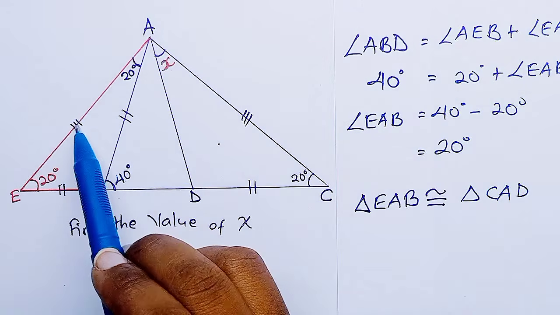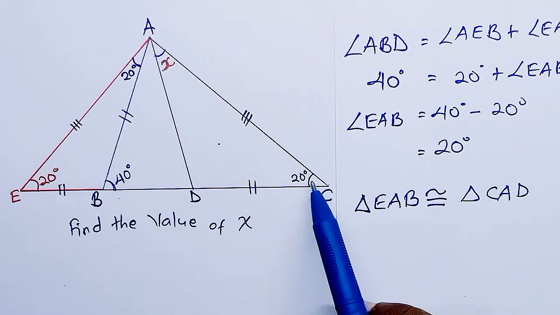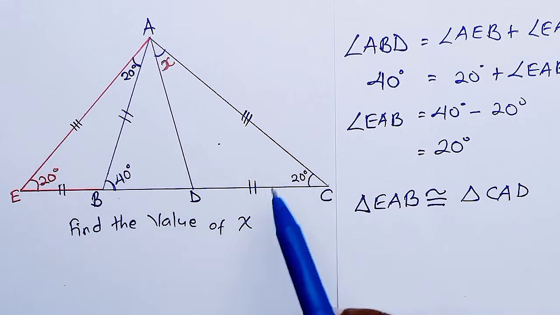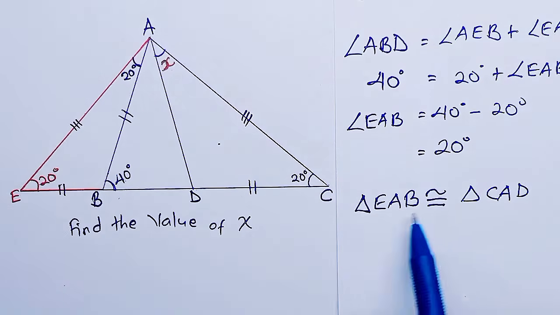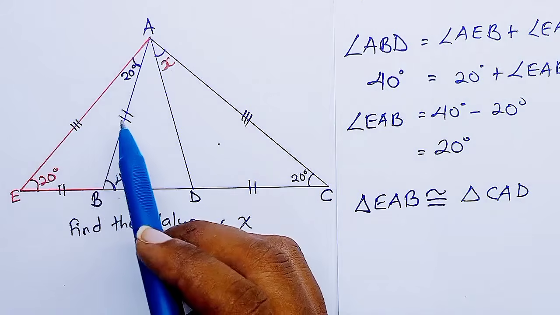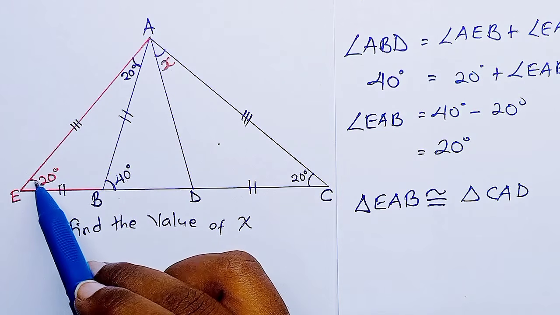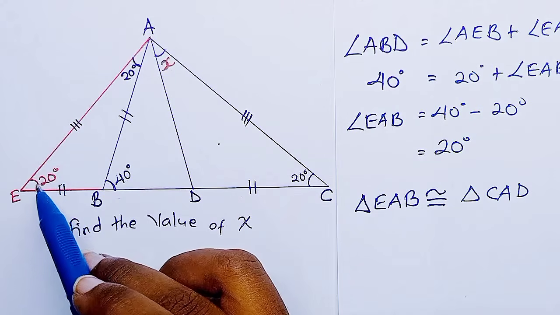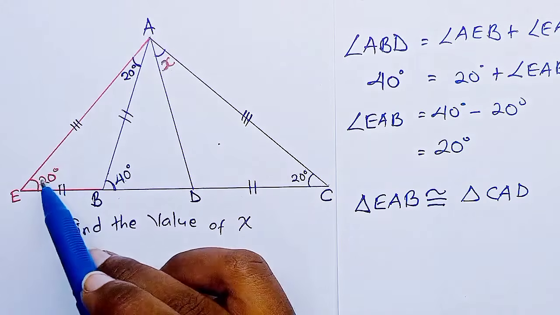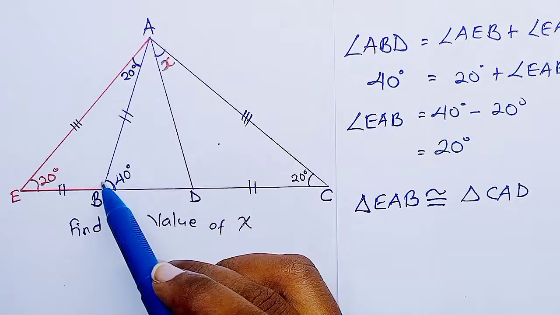So as you can see, this side is equal to this side, this angle is equal to this angle, and this side is equal to this side. Now, if this is true, then in this triangle here, the side that corresponds to the angle of 20 degrees is side AB.